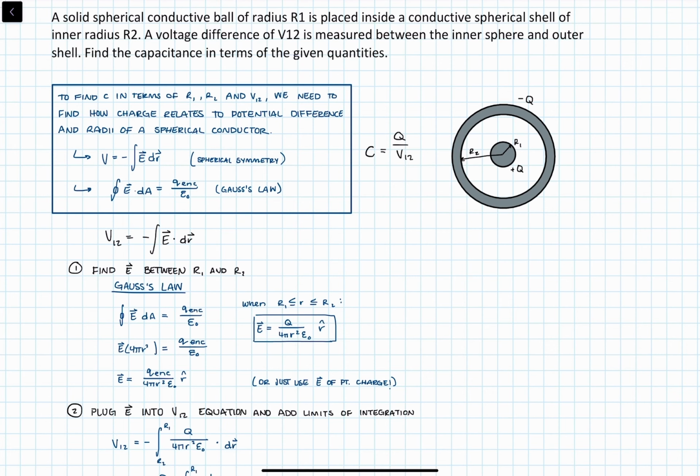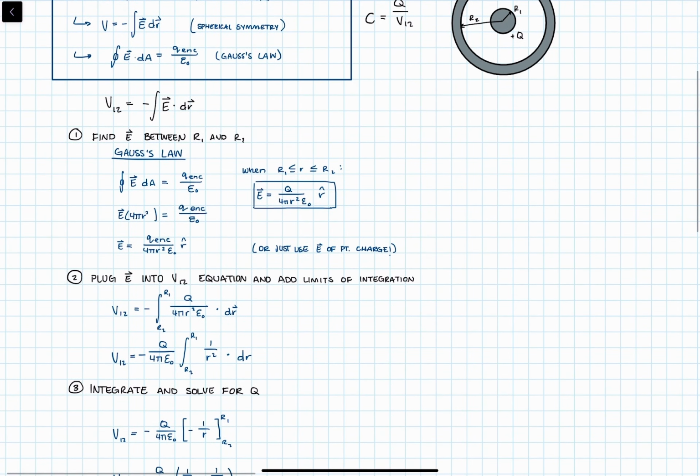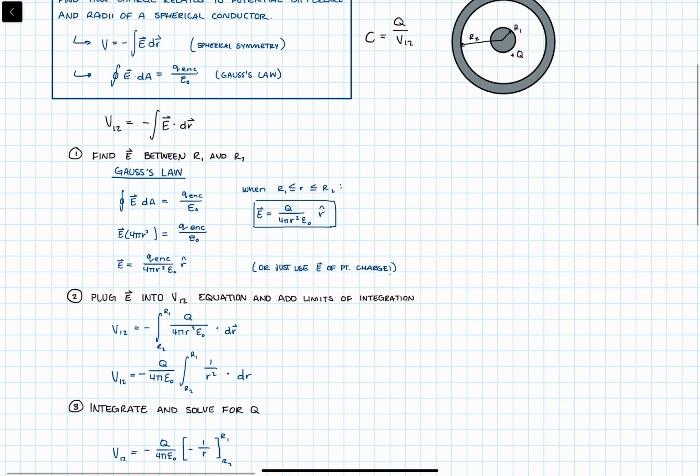Along with that, we can find how that electric field from the potential difference is related to Q, which is from Gauss's law. So first we have to use Gauss's law to find the electric field between R1 and R2.